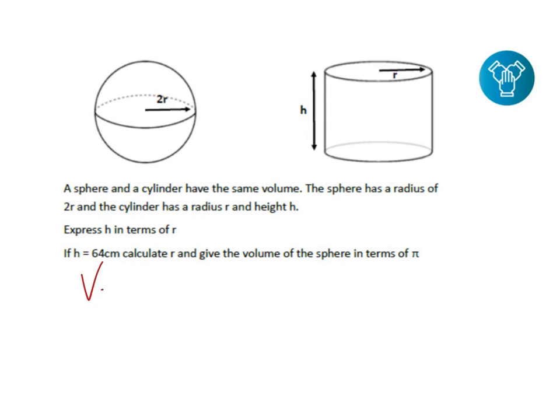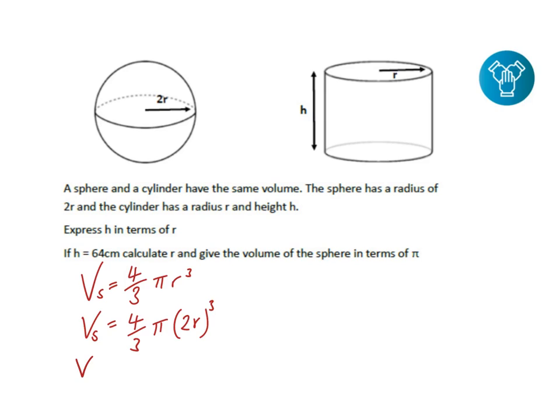So the volume of the sphere, I'll say it again, is 4 over 3 pi r cubed. So we're going to do 4 over 3 pi and then 2r is inside the cube part.